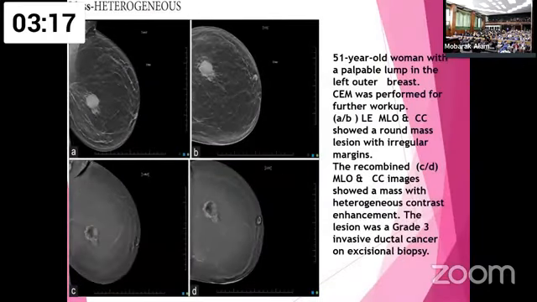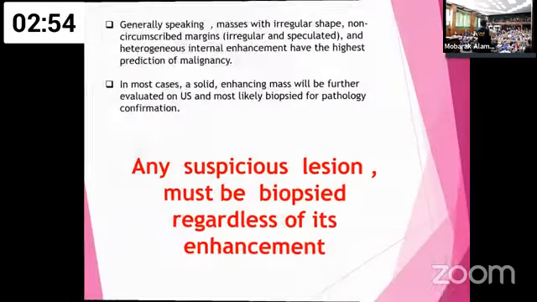Another female presented with an irregular mass. The above images are the low energy imaging, and the lower are the recombined images. The mass is irregular and shows heterogeneous nodular enhancement. Findings were suspicious for malignancy. Biopsy confirmed invasive ductal carcinoma.